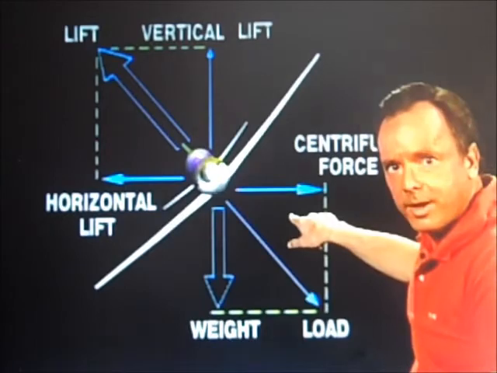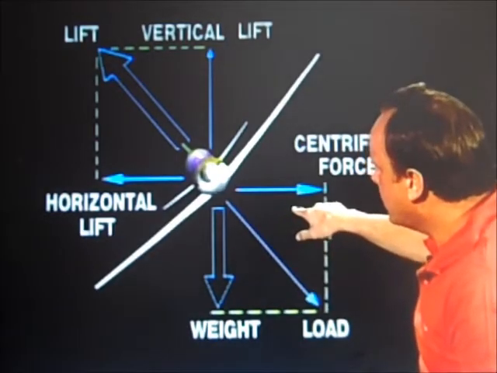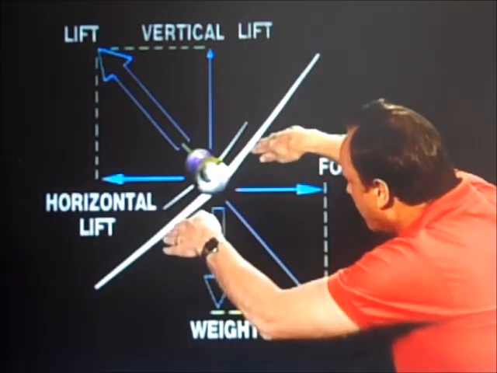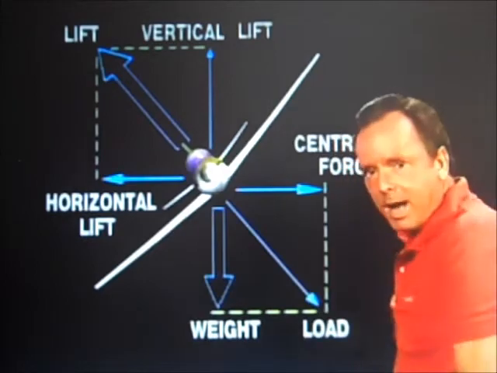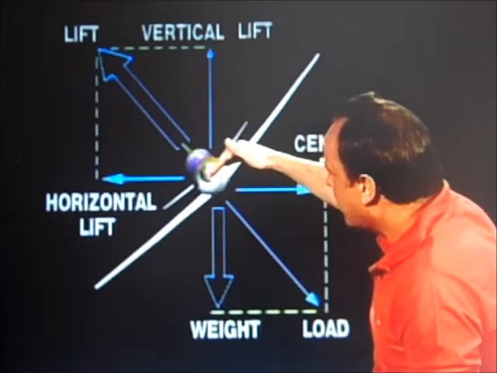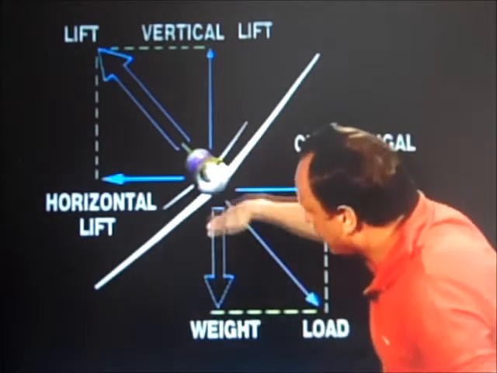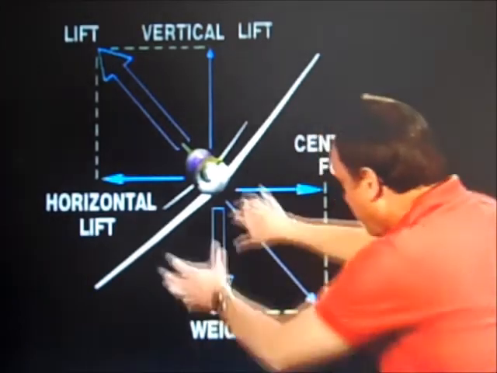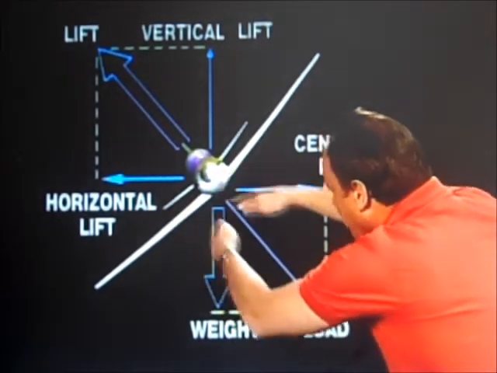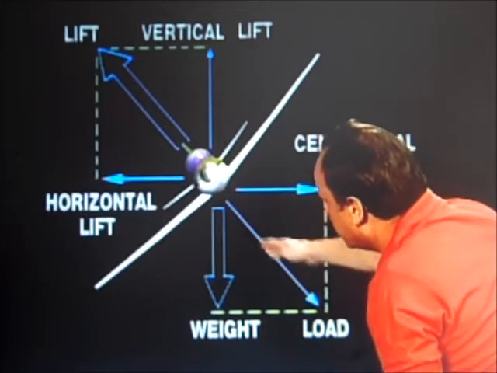The wings have to support that also. And so you increase the amount of load the wings have to carry. To compensate for that, you actually have to use a little back pressure on the wheel and increase the angle of attack a little bit, or otherwise, when you bank the airplane will descend. So you do use back pressure in the turn to keep the airplane from descending, because you increase the load on the aircraft.